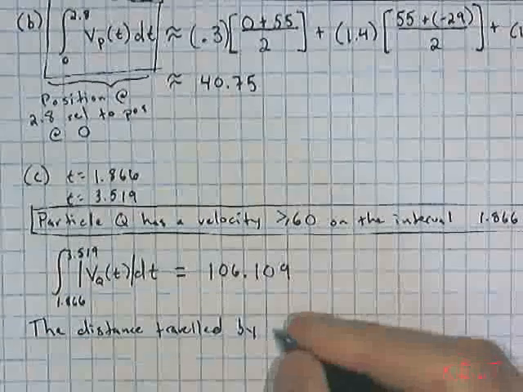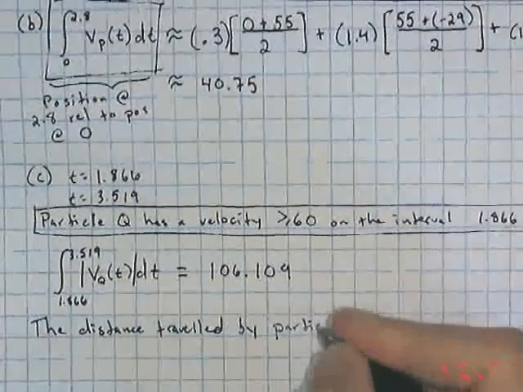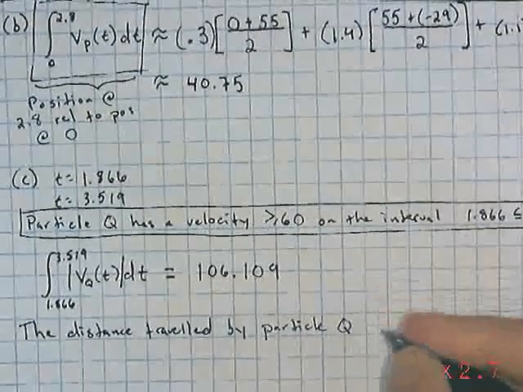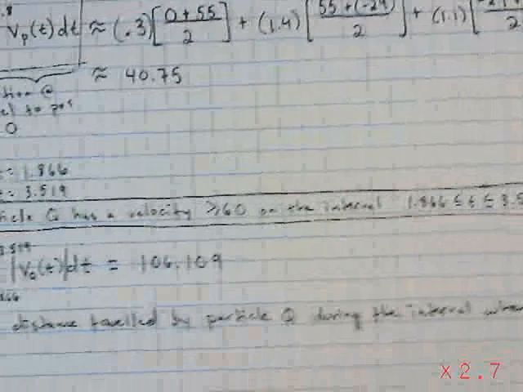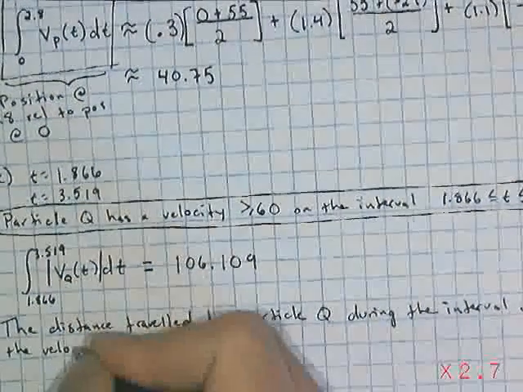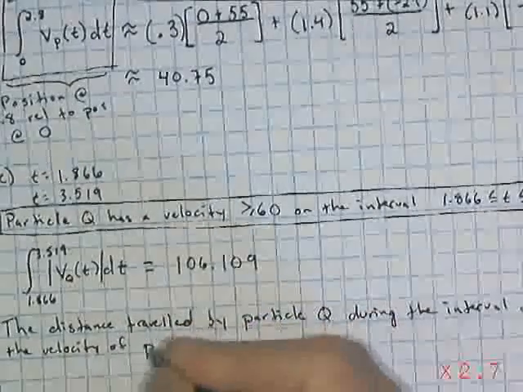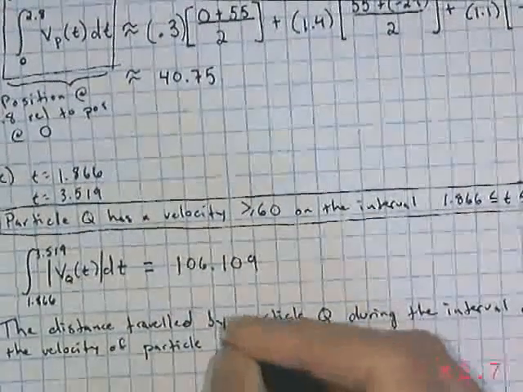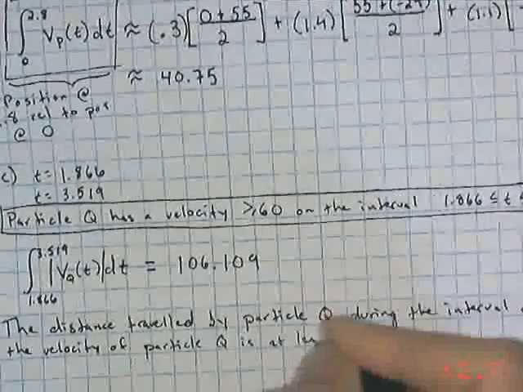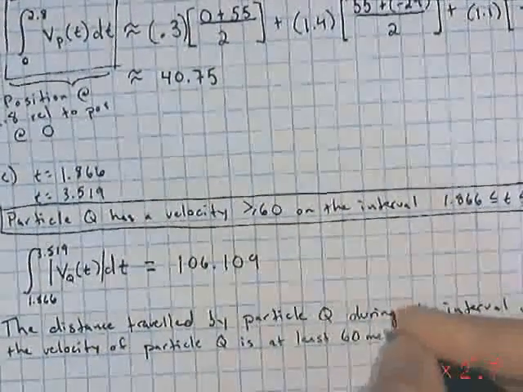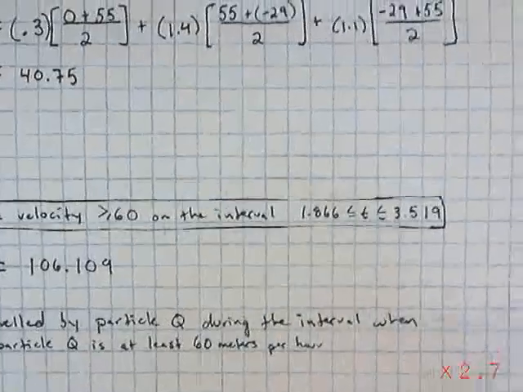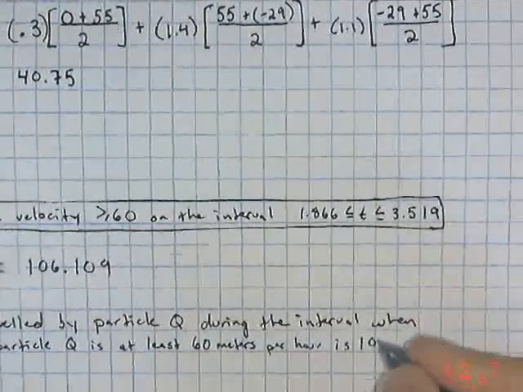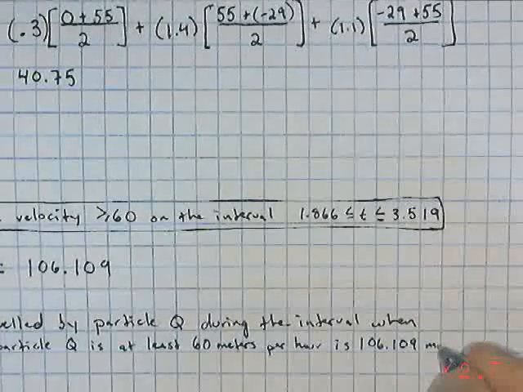The distance traveled by particle Q during the interval when the velocity of particle Q is at least 60 meters per hour is 106.109 meters.